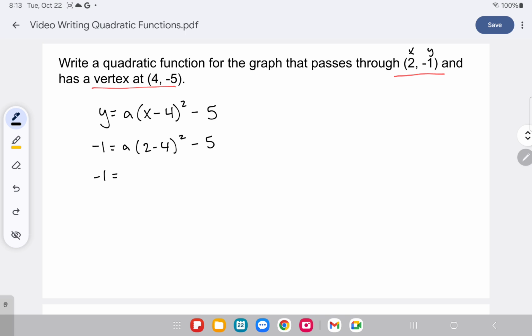So 2 minus 4 is -2, squared is 4, so I have a times 4, or 4a again. And then continuing to solve for a, we get a equals 1 again. So I write my final equation, y equals 1 times (x minus 4) squared minus 5.